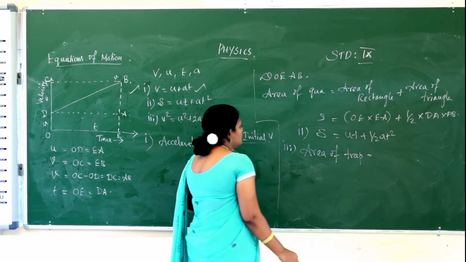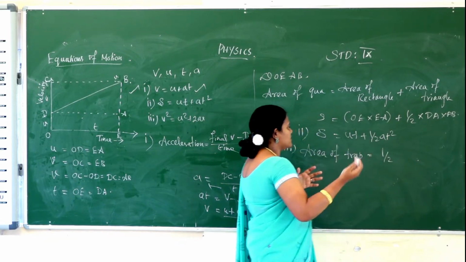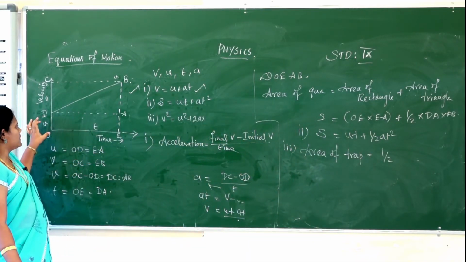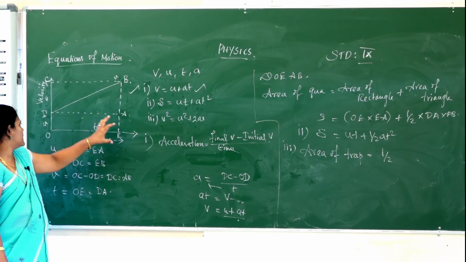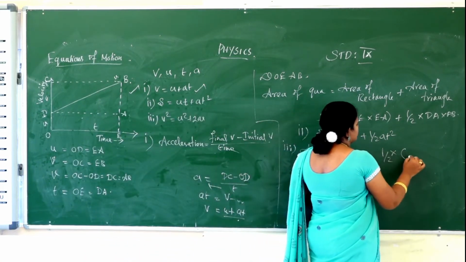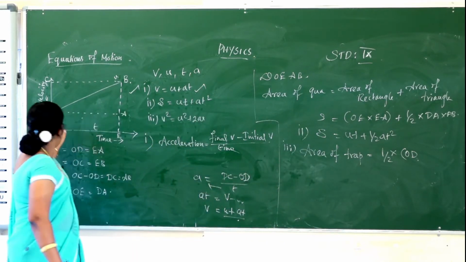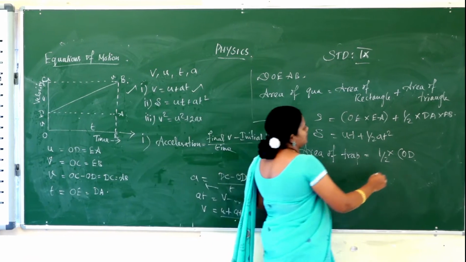Area of the trapezium is equal to half into the sum of the parallel sides. What are the parallel sides? That side and that side. One side is OD and another side is BE.